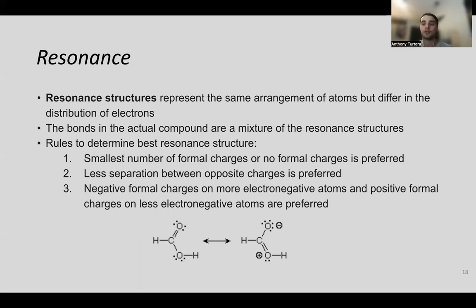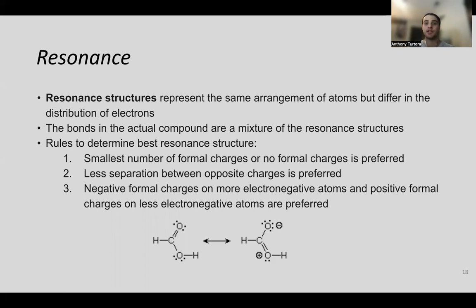All of the resonance structures contribute somewhat to what the actual structure looks like, but the main one follows these rules. One, the smallest number of formal charges, or no formal charge, on a molecule is preferred.